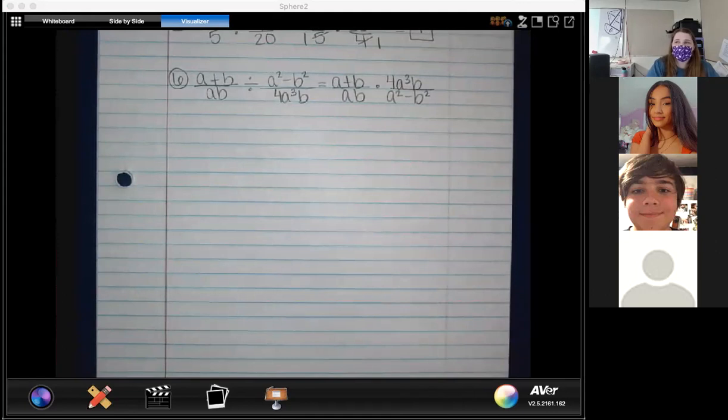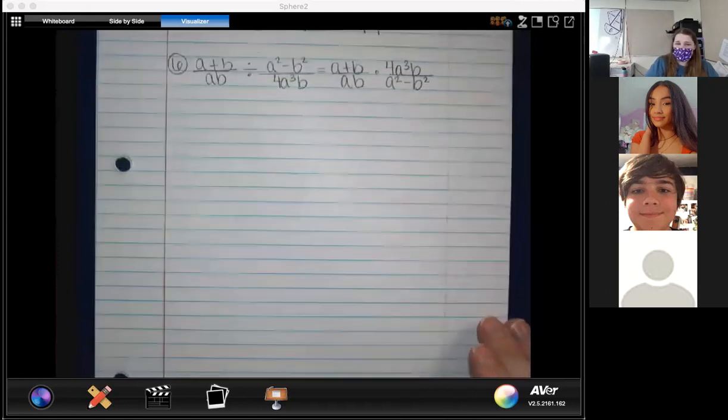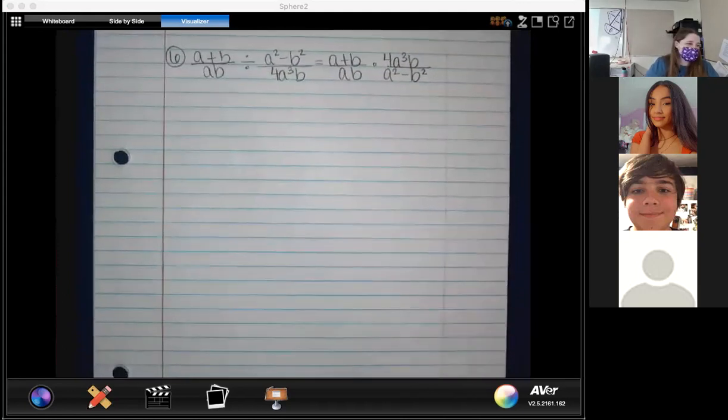So we should all be working towards simplifying this one right now. Doing our factoring skills, practicing, reviewing of some sort. If we're not sure how to factor, we're looking up our notes, asking questions. If you do not know how to factor, you need to practice your skills.